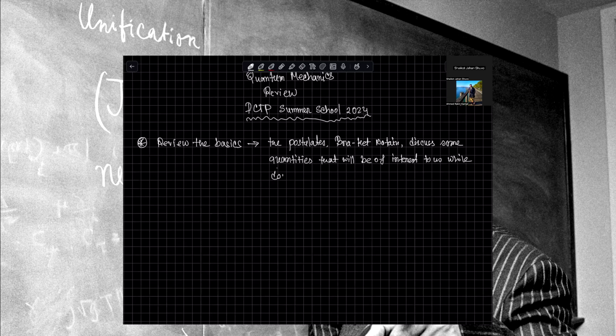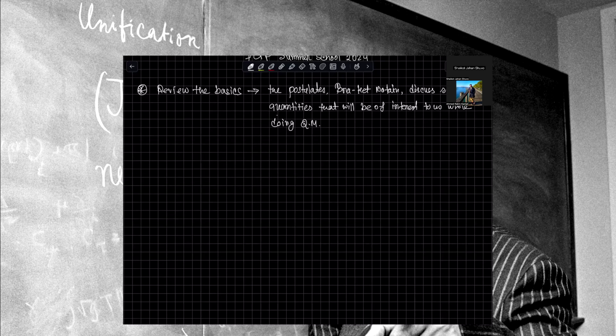While doing QM, this really covers how we define a probability, the expectation values, eigenvalues, Hermitian operators, and all that stuff. So we'll review this in the first half, and then we'll just briefly talk about the Schrodinger equation.